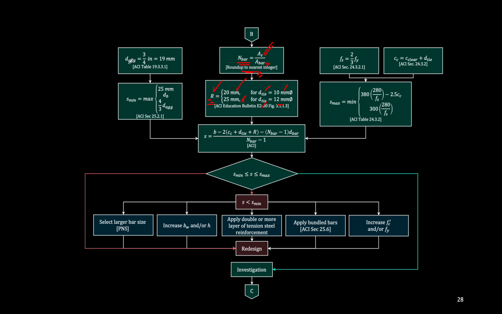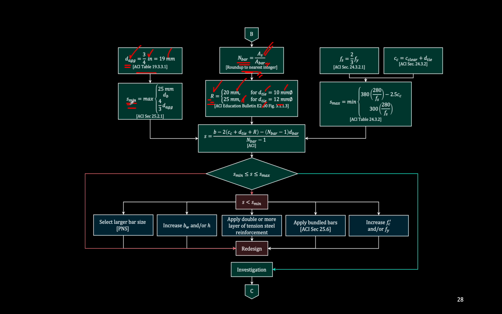After that is the diameter ng ating aggregate. So yung usual na ginagamit is 3/4 inch, which is approximately 19 millimeters. And this is based from ACI table 19.3.3.1. After solving for the diameter of our aggregates, is to solve for our minimum spacing.